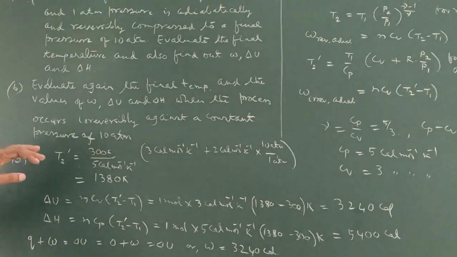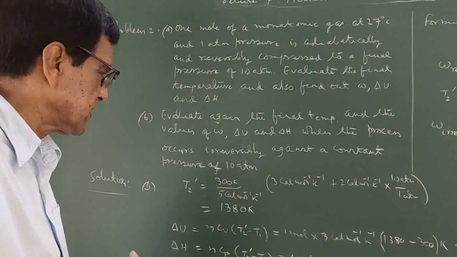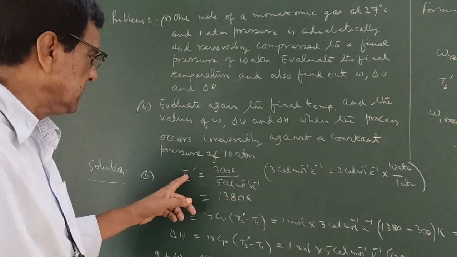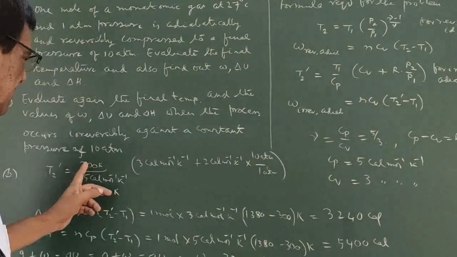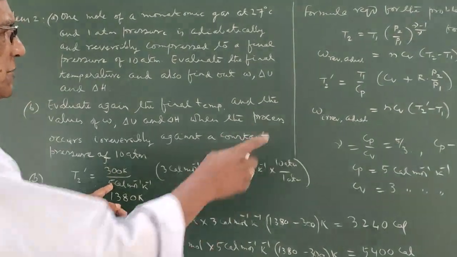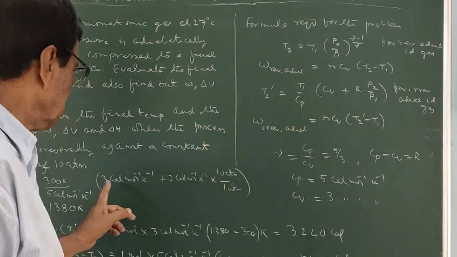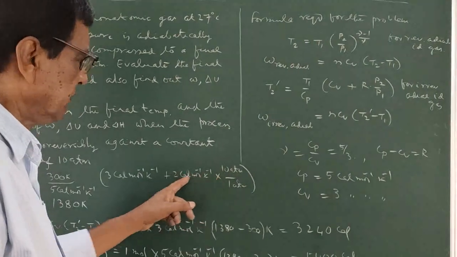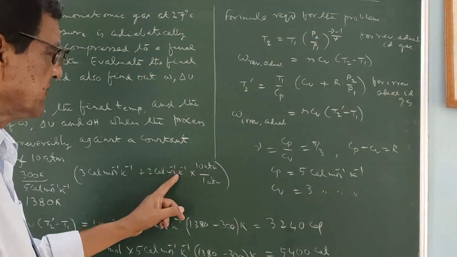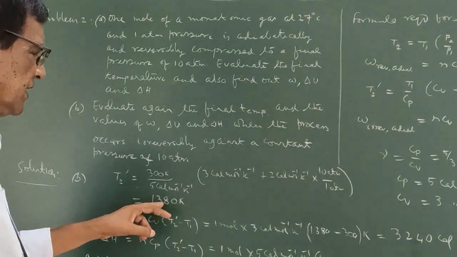And for the solution to the second problem B, whenever the process is irreversible adiabatic, this T2 dash is to be calculated by this formula, and here T1 is 300 Kelvin and Cp is 5 calorie mole inverse Kelvin inverse, and Cv equal to 3 calorie mole inverse Kelvin inverse, plus R, the value of R is 2 calorie mole inverse Kelvin inverse, and this one gives 1380 Kelvin.